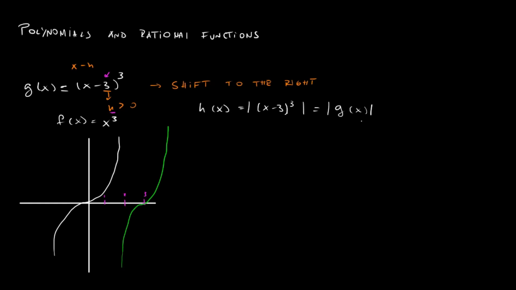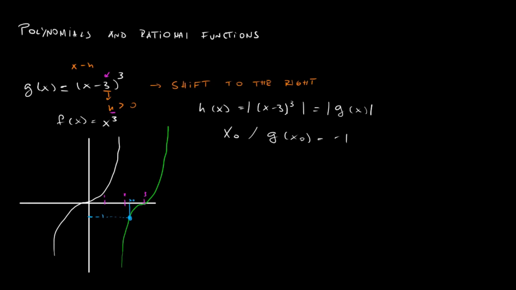To plot this function, let's think for a minute about a number x0. x0 is such that g of x0 equals minus 1. So x0 would be a number such that g of x0 is minus 1. Then x0 is this number here in the x-axis.